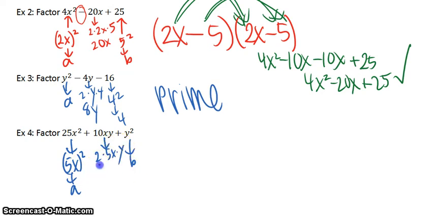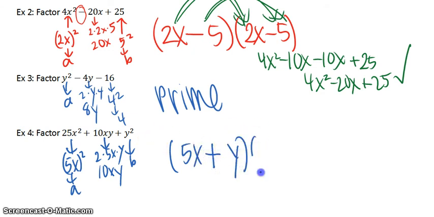So we end up having 10xy, which is exactly what we need. This is a plus right here. So we have a, which is 5x, plus b, which is y, so (5x + y). So there you have it. That is squares of binomials.